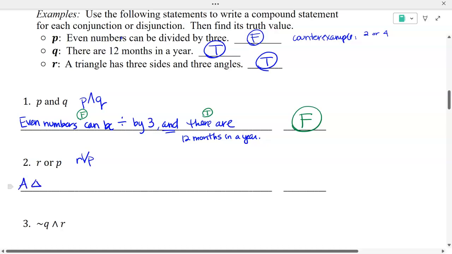So it would be a triangle, and I'm going to use some symbols, has 3 sides and 3 angles, or even numbers can be divided by 3.